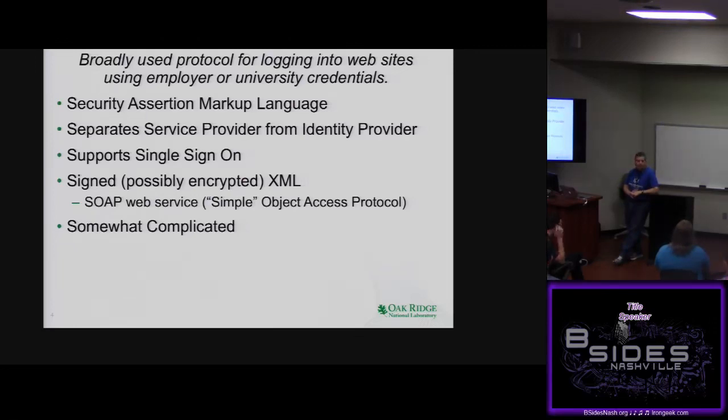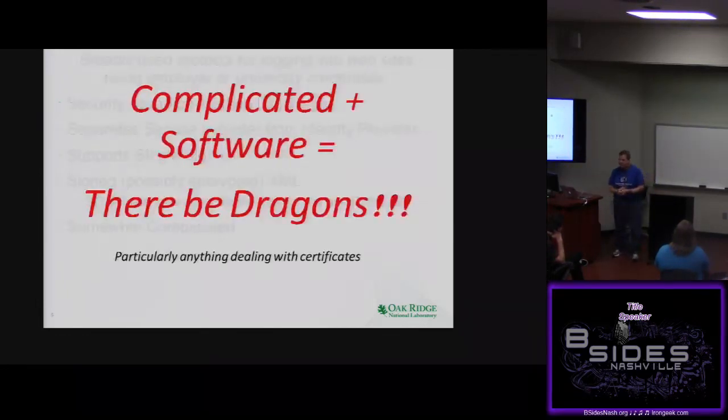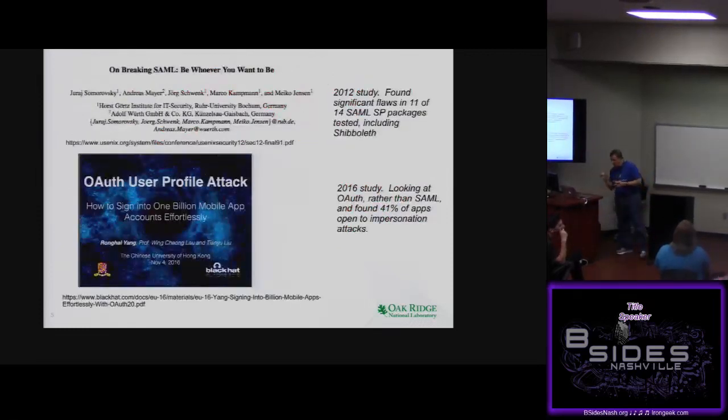And if anybody's familiar with SOAP as a process, that tends to be somewhat complicated. That's a word that gets my attention because complicated software, certificates, there be dragons. So what kind of dragons and what motivated this work?